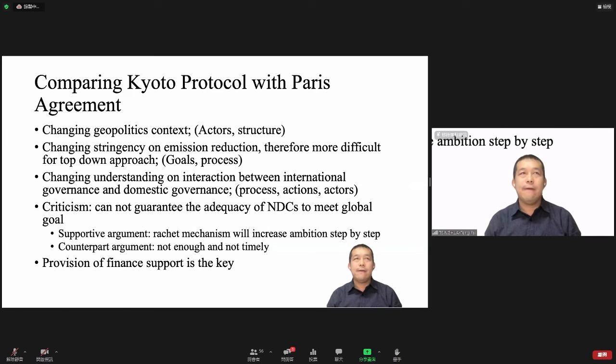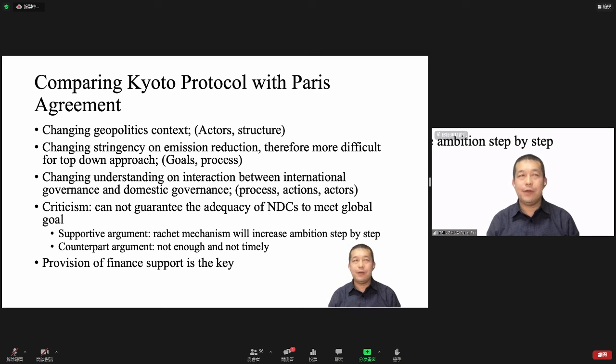And why did the Paris Agreement take such a different governance structure compared with the Kyoto Protocol? We generally argue it is because of changing actors and structures, and especially the geopolitical context. The developing countries became more and more important actors, and their structural factors shape and constrain their governance.